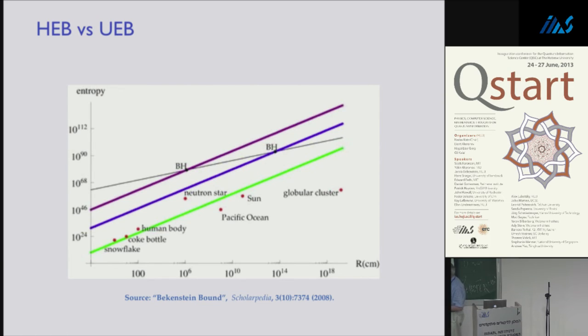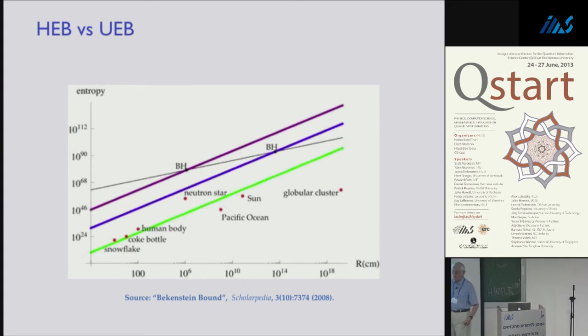Now the colored lines: the universal entropy bound depends not only on the size of the system, but also on the energy. So you have to state different universal bounds depending on the density of the system.